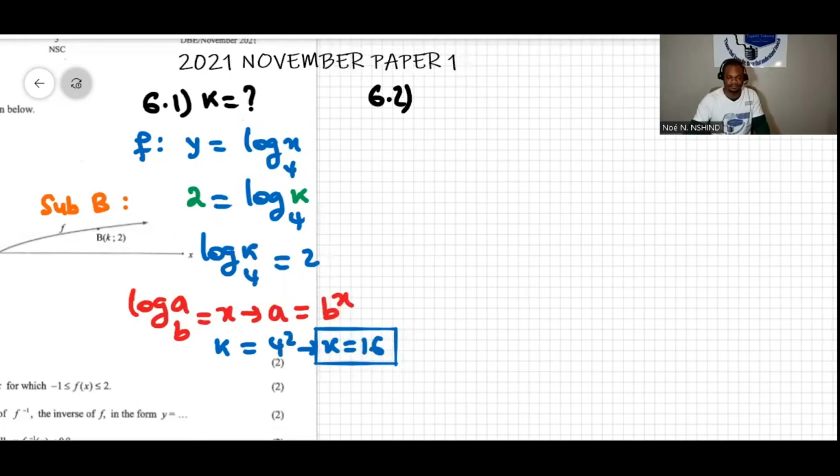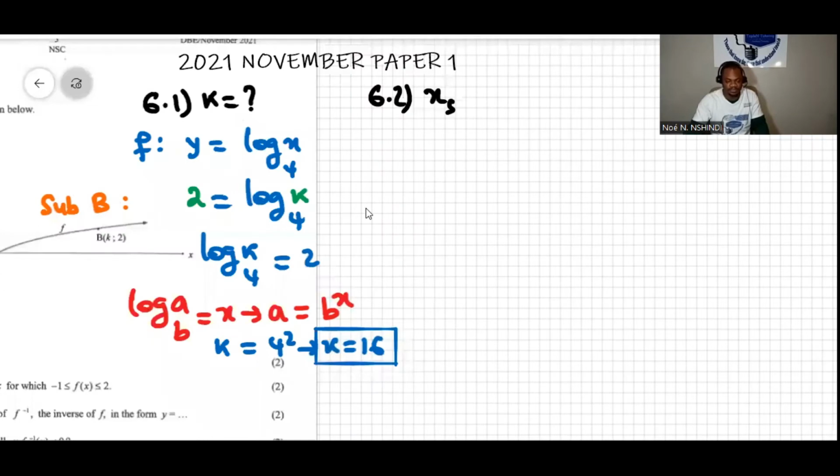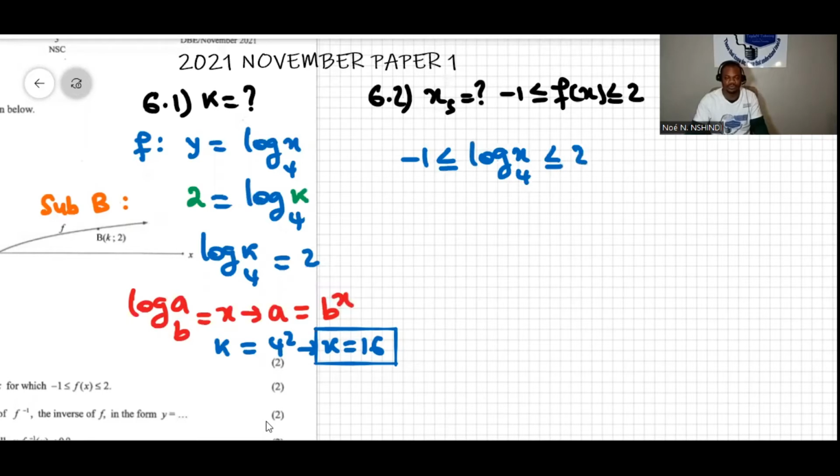We're looking for the value or values of x for which -1 is less than or equal to f of x, and f of x less than or equal to 2. So now we can write like this: -1 less than or equal to f of x, which is log of x base 4, less than or equal to 2.